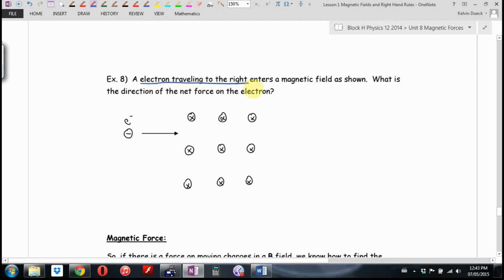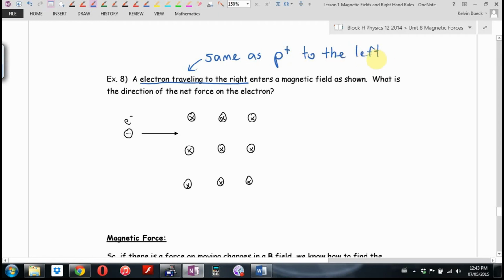That's important. We don't have a rule for electrons. Our rule works for current, and current is positive. Well, an electron traveling to the right is the same as a proton traveling which way? So you can make a little note here, same as P plus to the left.